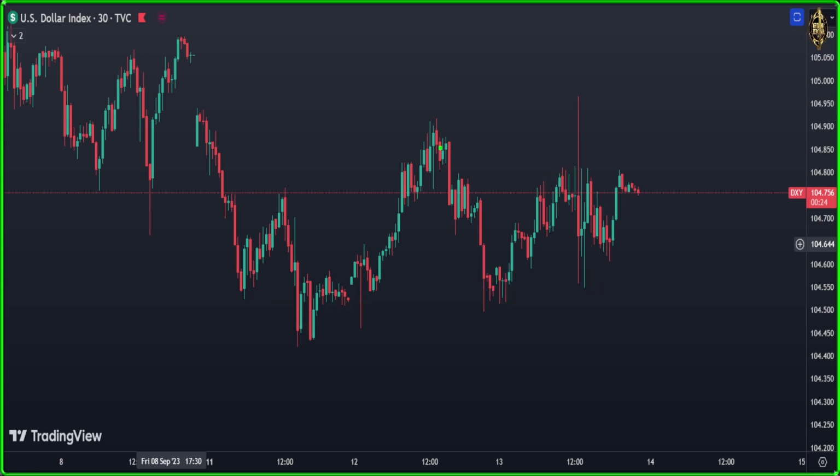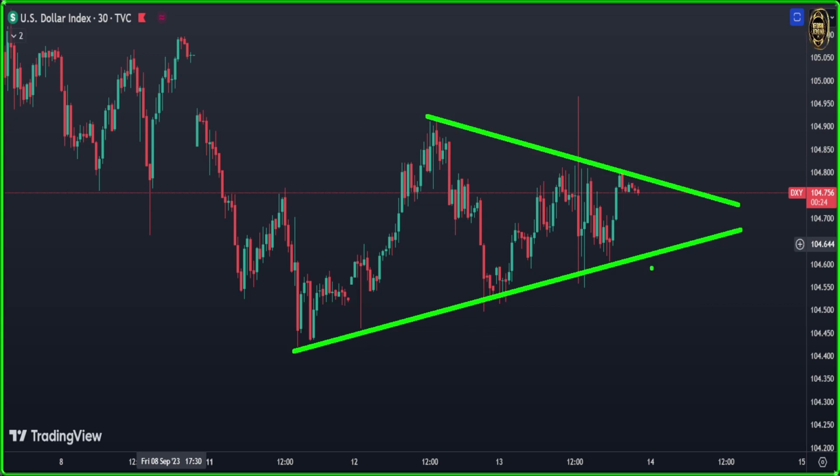Now at that time, what you should do, look with me at what you got. Down here you got an uptrend, and at the top you got a downtrend, as you see. So here in the DXY in 30 minutes you got a very clear triangle. If it breaks here, you can enter long. If it breaks down here, you can enter short. At this time there is nothing.